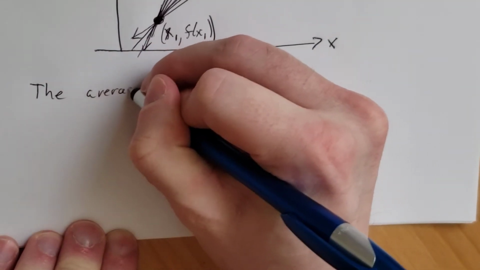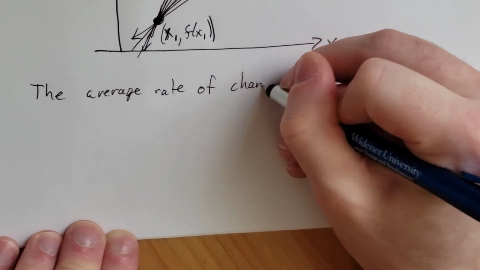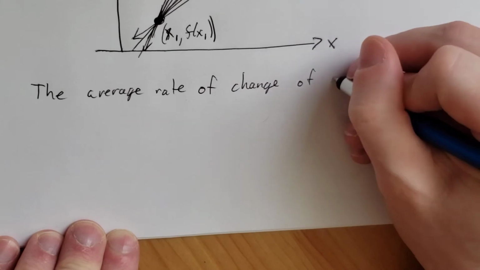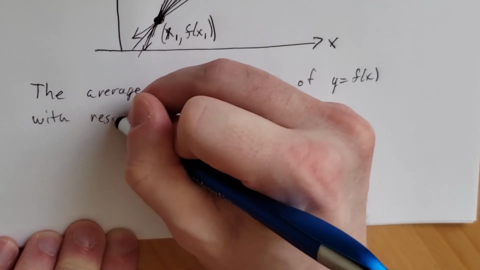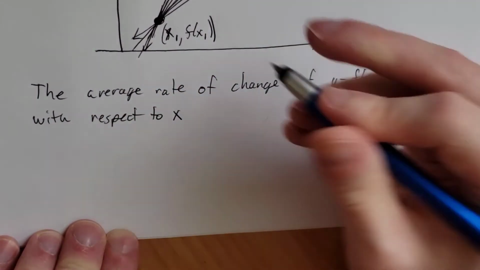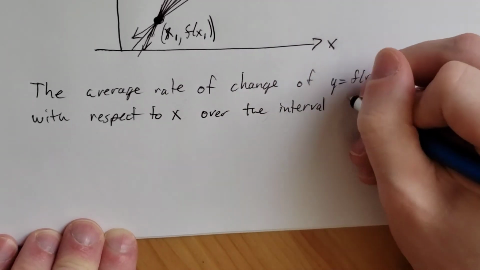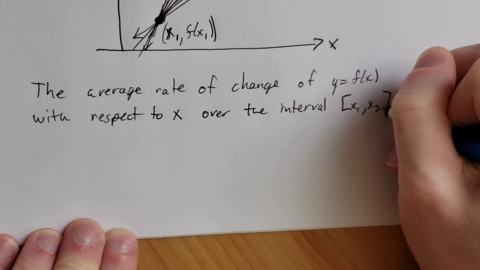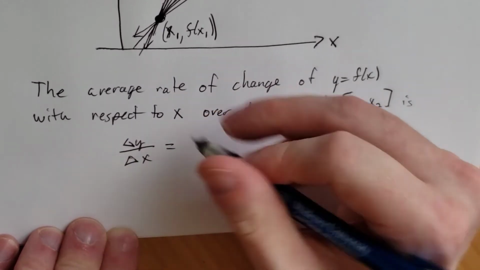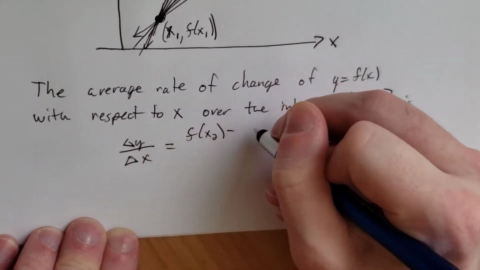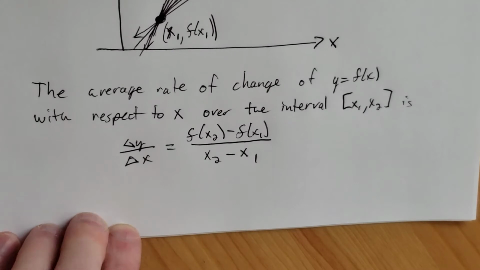The average rate of change of y equal to f of x with respect to x over the interval x1 to x2 is change in y over change in x, which is f of x2 minus f of x1 all over x2 minus x1.